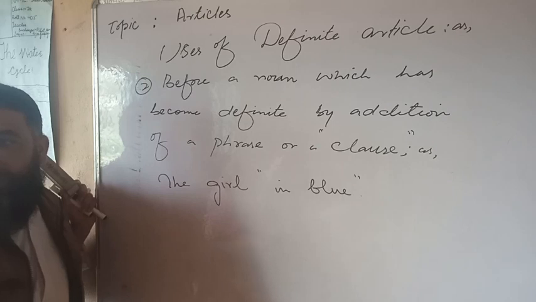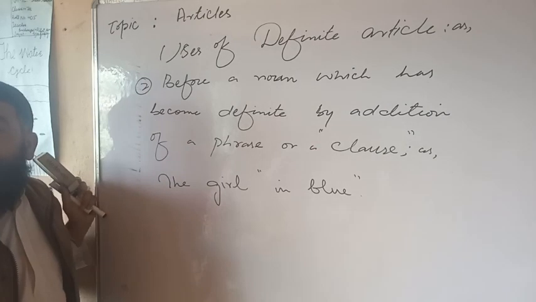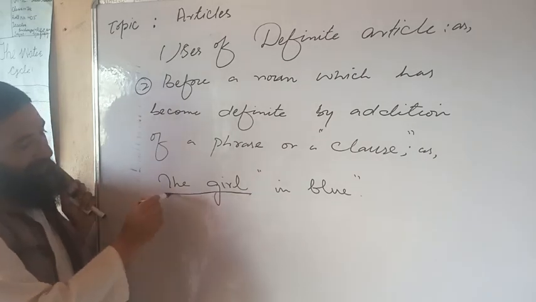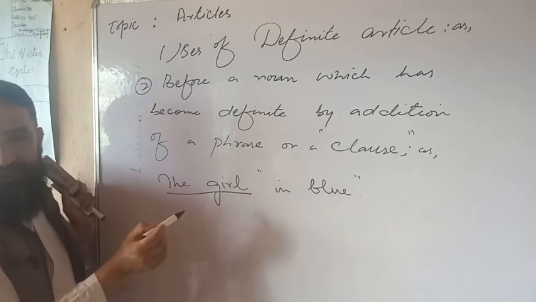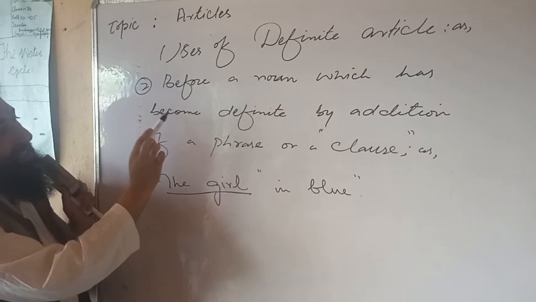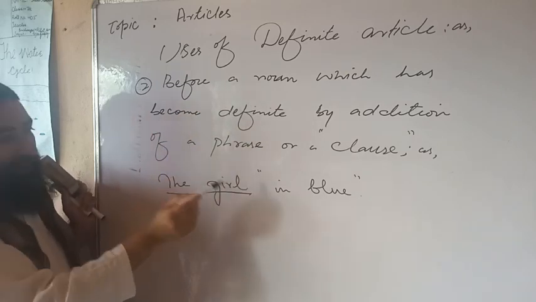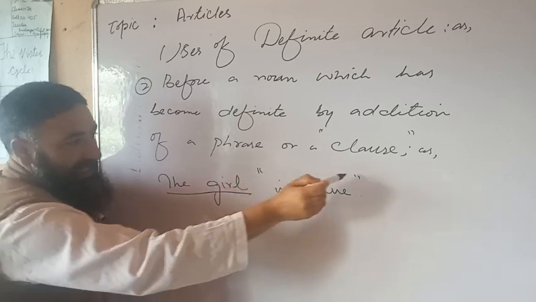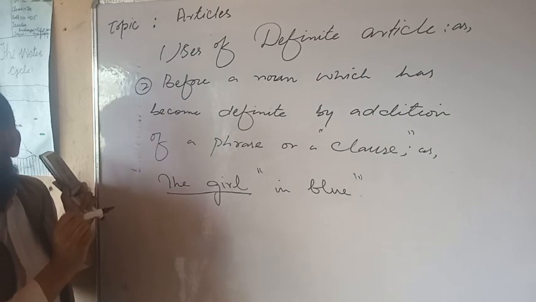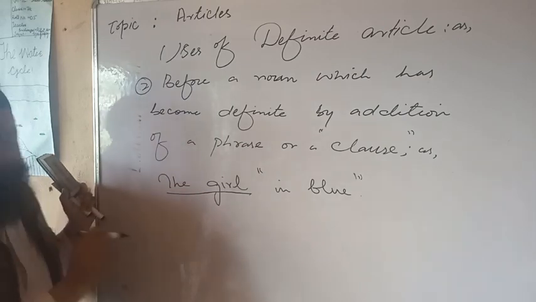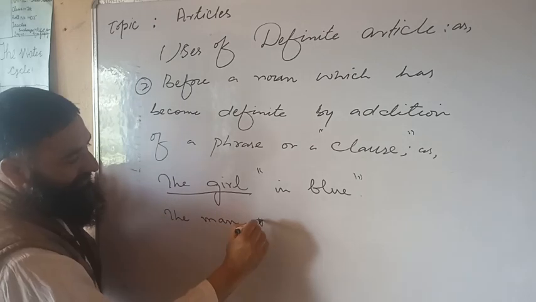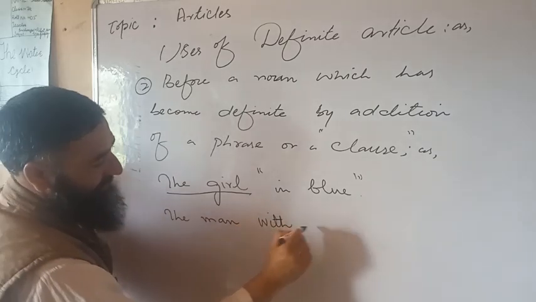Now, in blue, is it a phrase or a clause? It is a phrase. So the girl, see, with the help of this phrase, this girl has become definite. Before a noun which has become definite by the addition of a phrase, when you have added this phrase to the word girl, it has become definite, so it will take the before it. In the same way, the man with a stick.